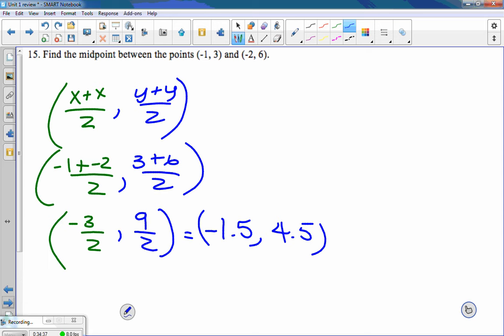Now, the next problem is asking you for the length and the midpoint. Length, what formula am I using for length? Distance. Here we go.